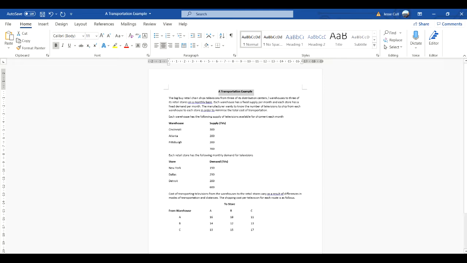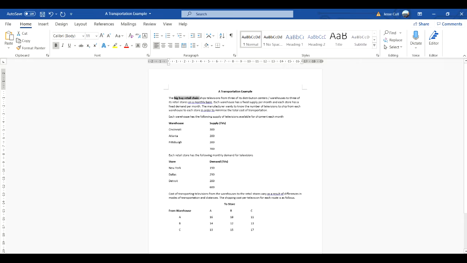The Big Buy retail chain ships televisions from 3 of its distribution centers or warehouses to 3 of its retail stores on a monthly basis. So we know right away that it's sending from 3 different distribution centers to 3 retail stores.